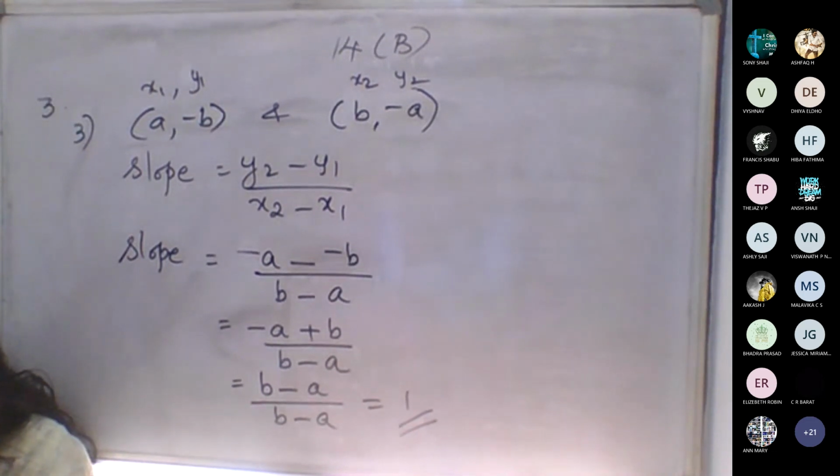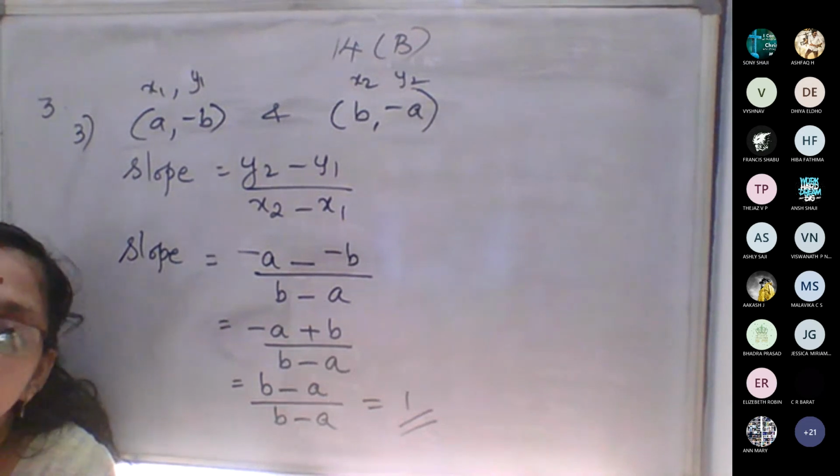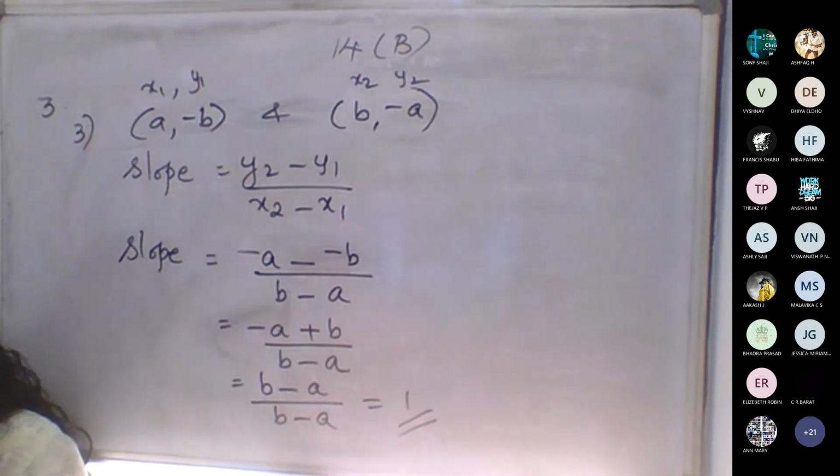Next, the slope of the line parallel to AB. We have to find out the slope only, no? So what will be the answer? Parallel means both the slopes are equal.